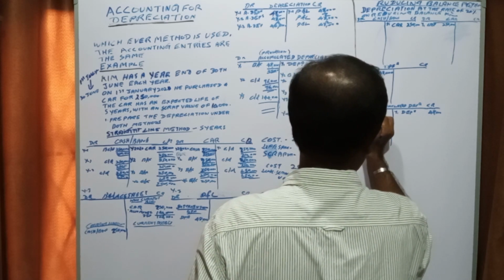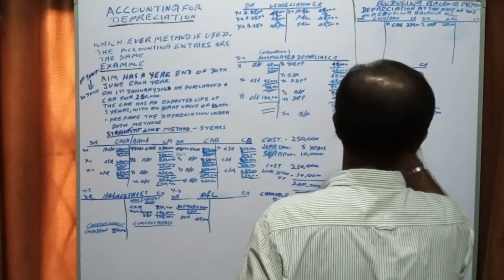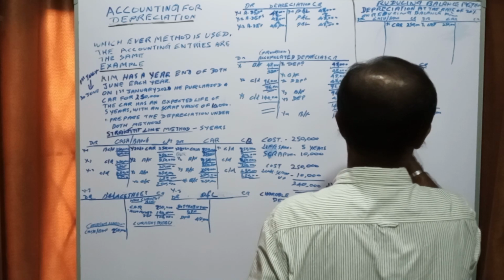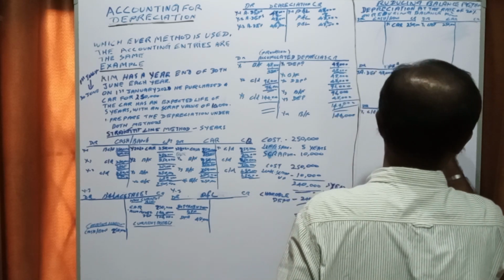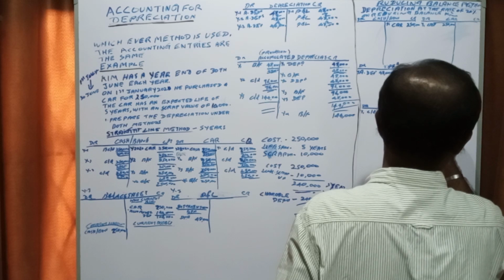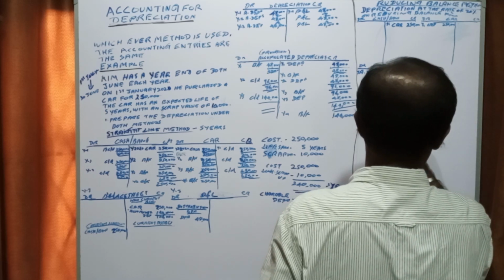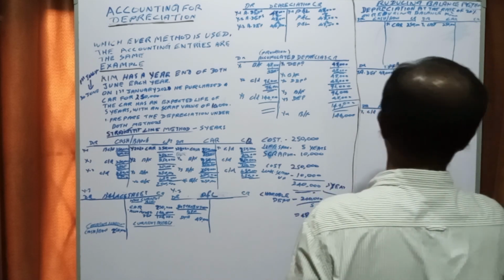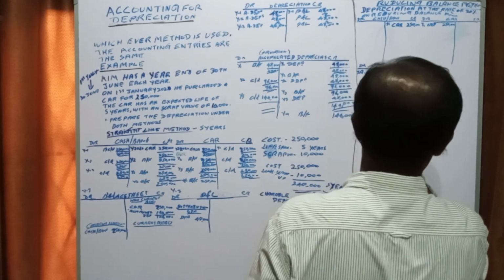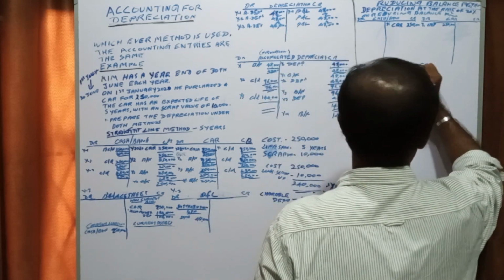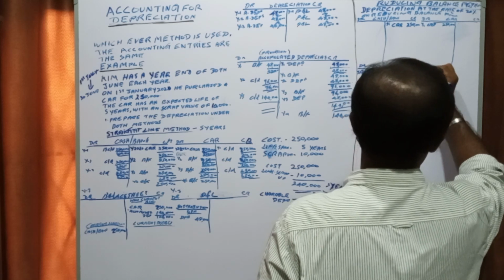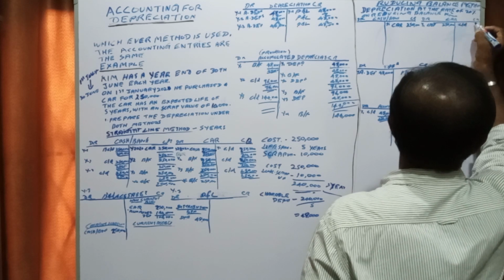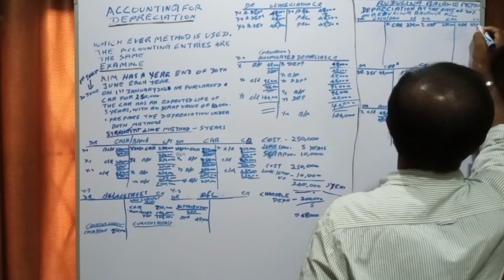Year 1 carried down 48,000, brought forward balance 48,000 in year 2. Here it goes to P&L, 48,000. Right? This one carried down 250,000.